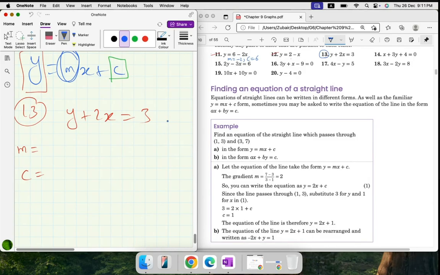That's right, gradient is minus 2 and y-intercept is 3.